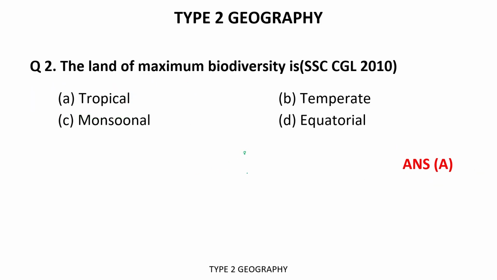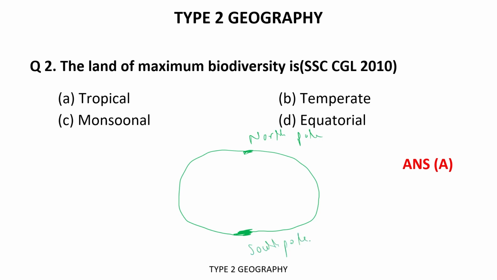If we look at our Earth, the Earth is in this shape. This area is the North Pole, and this area is the South Pole.